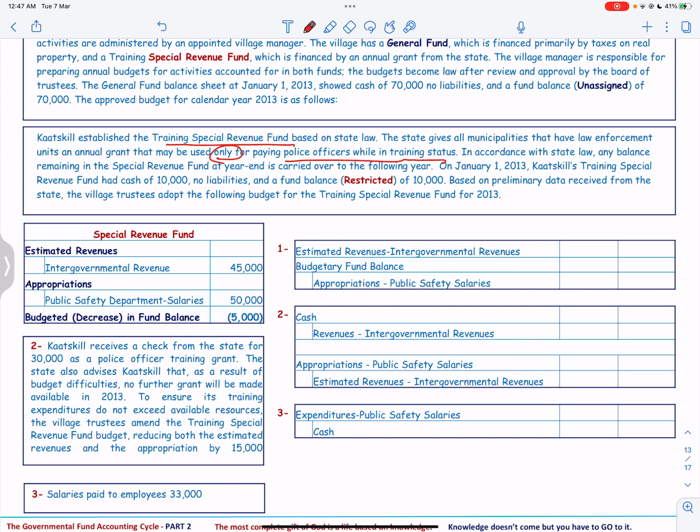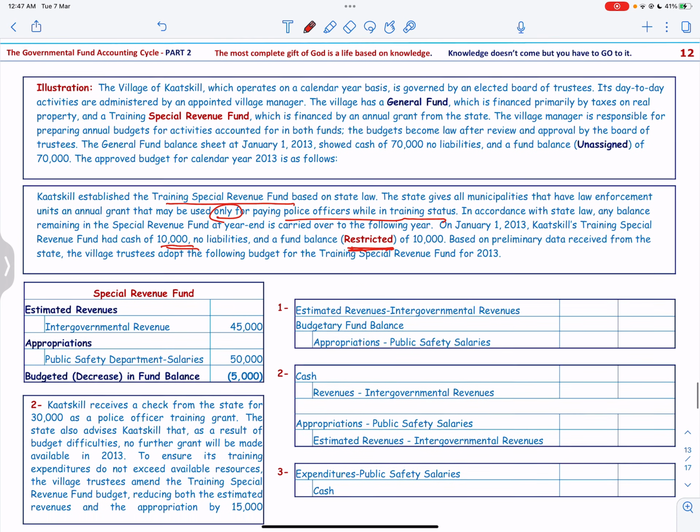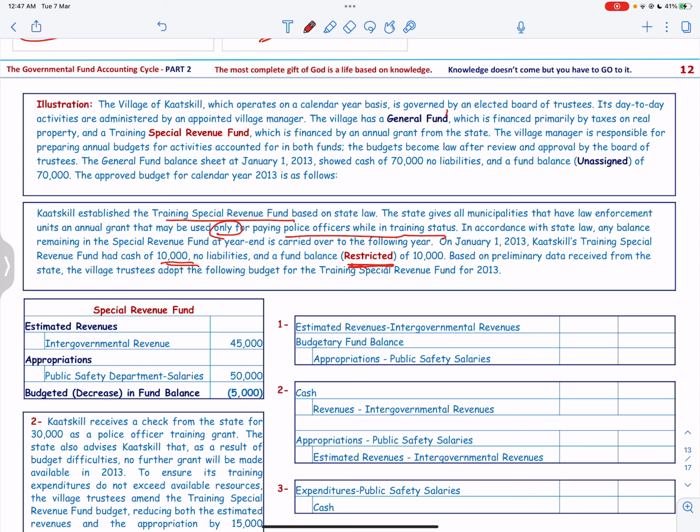On January 1, 2013, Cardsgill Training Special Revenue Fund has cash of 10,000, no liabilities, and a fund balance restricted. That is the difference between a special revenue fund and a general fund: general funds are unassigned, while special revenue funds are restricted.